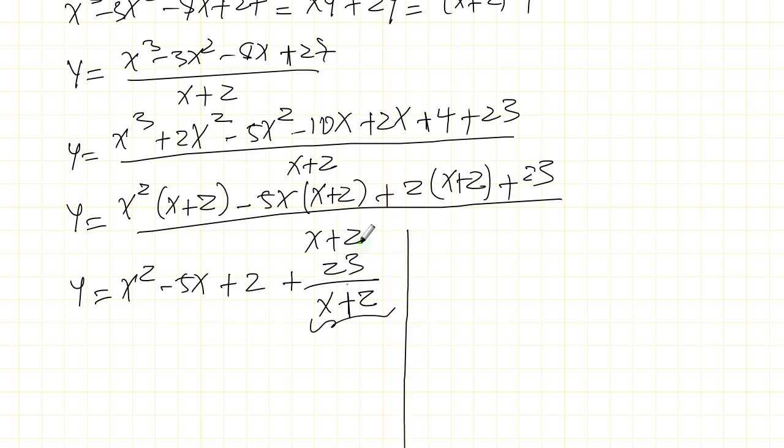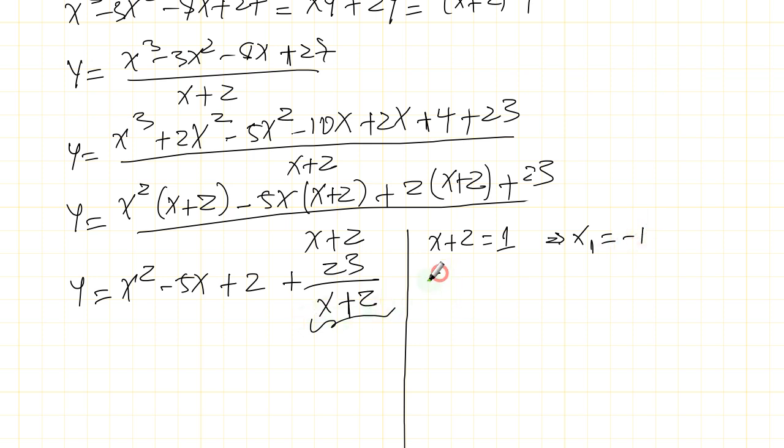This is going to be an integer when x plus 2 is equal to 1. Then we have 23, and x1 is equal to negative 1.